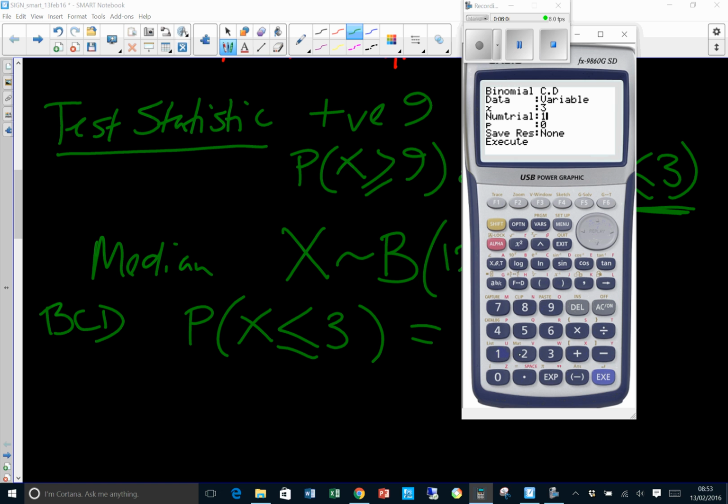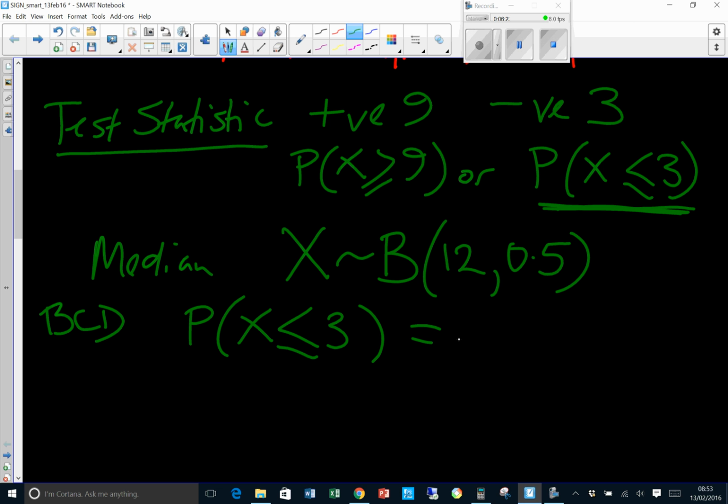Number of trials here was 12 because that's the number in the sample. And we've got 0.5. So let's execute. And we get our number 0.07299. I'm just going to use 0.073. So let's put that up. 0.073. So that's our probability of that occurring.